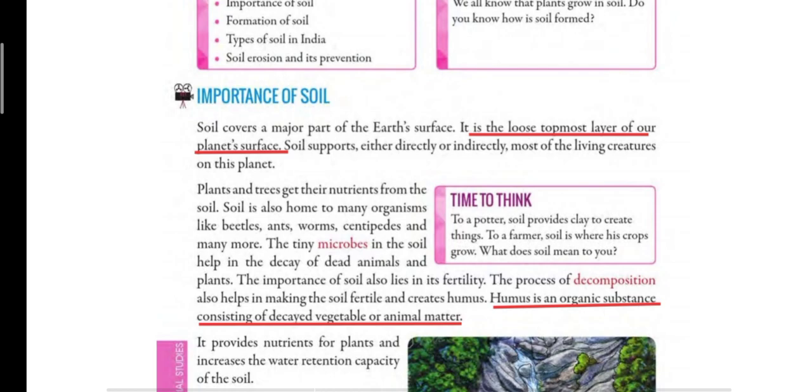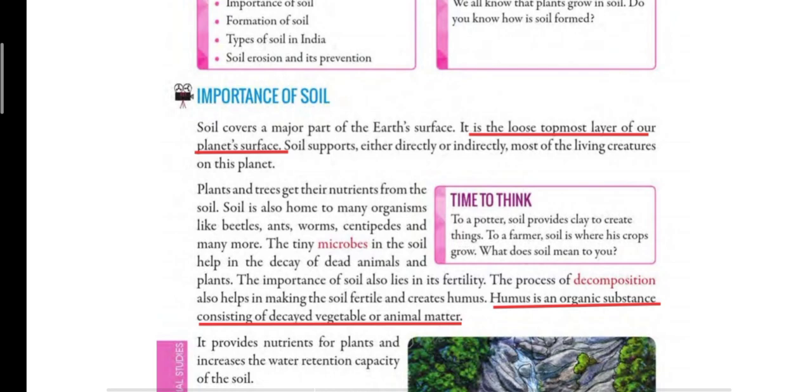In the same way, children, plants also grow by taking nutrients from the soil. So, this is the first importance of soil, that it provides nutrients to the plants and trees.